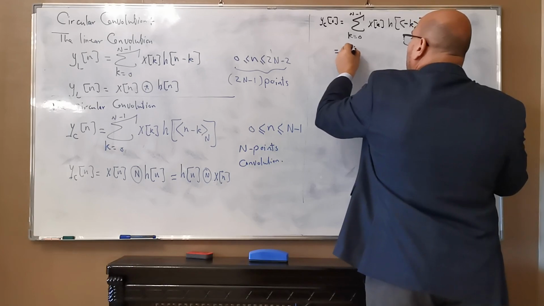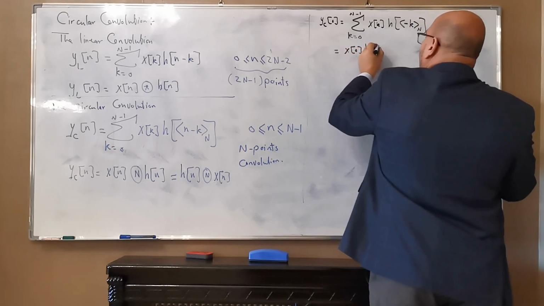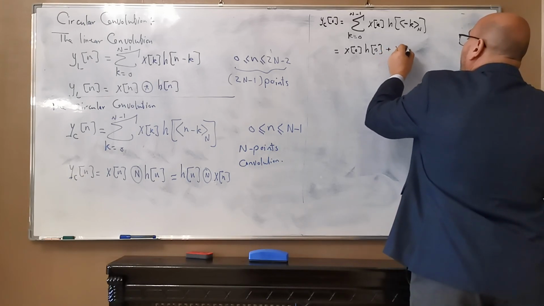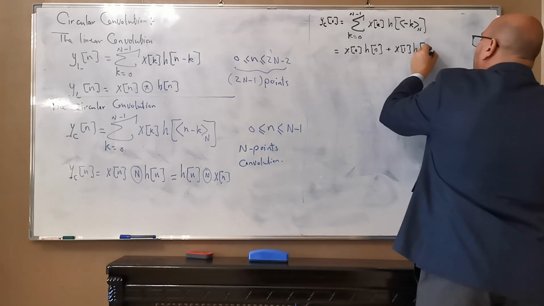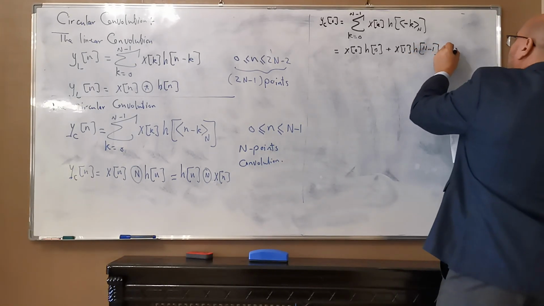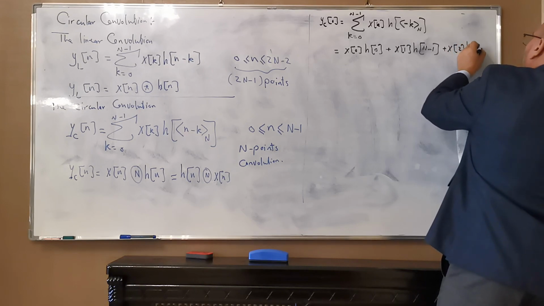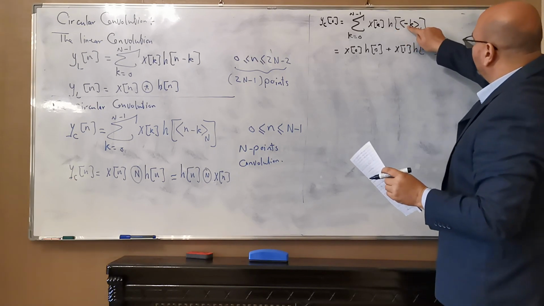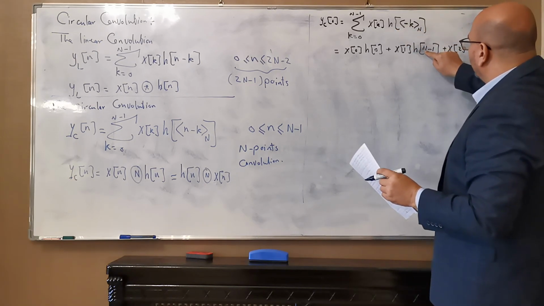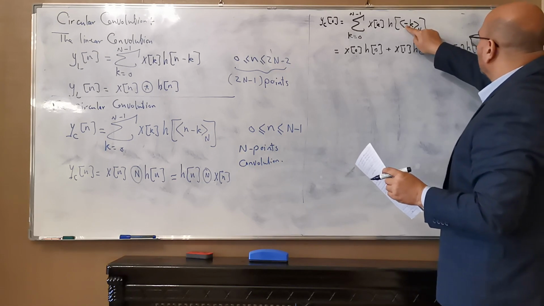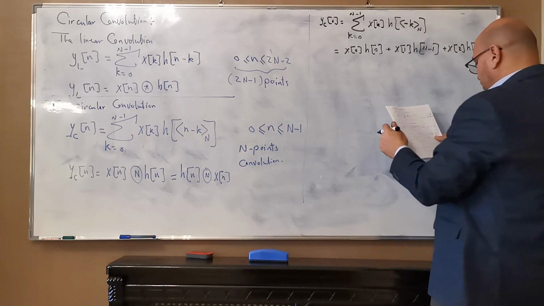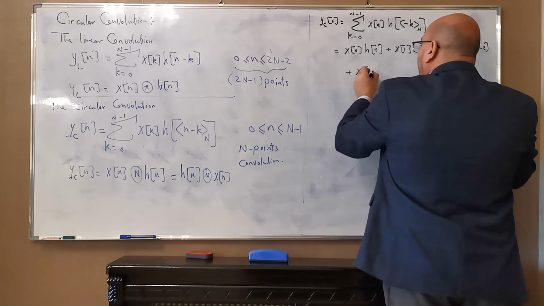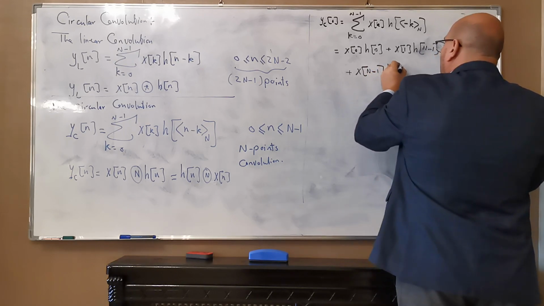So this equals x of 0, h of 0, plus x of 1, h of n minus 1, plus x of 2, h of n minus 2. I automatically did that h of minus 1 modulo n is equal to h of n minus 1, and minus 2 modulo n is h of n minus 2. Until we have x of n minus 1 times h of 1.